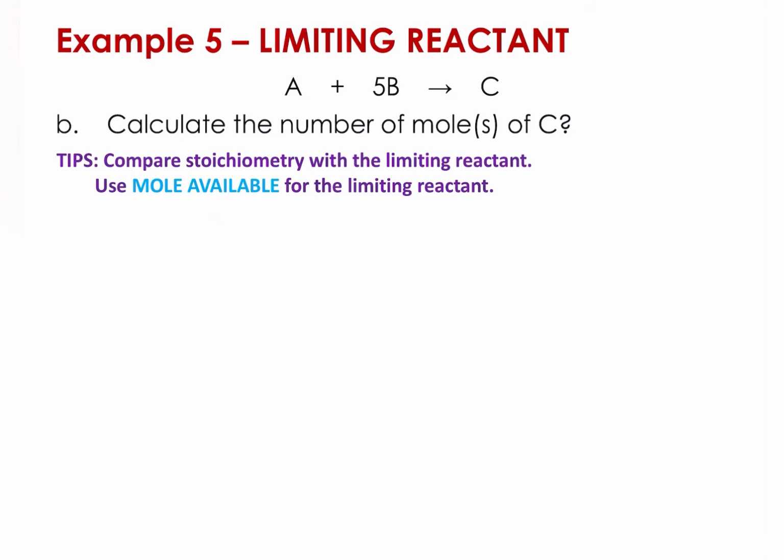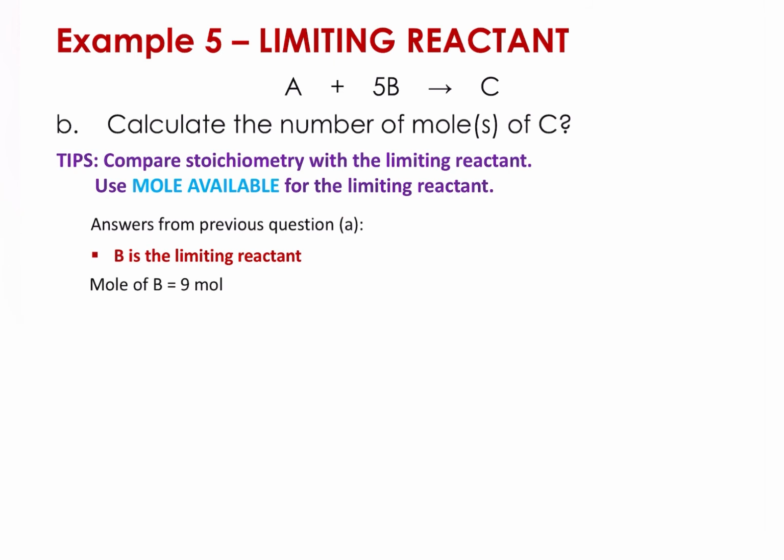So, in this case, from the answers of the previous question A, B is limiting reactant and the mole of B is 9 mole for available one. So how to do the stoichiometry? It's between B and C, your product, because you want to find out the number of moles for C.